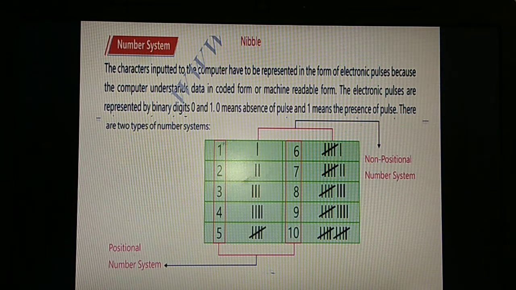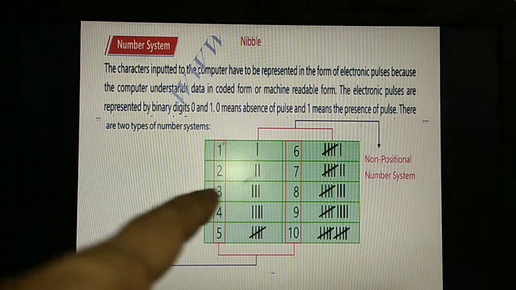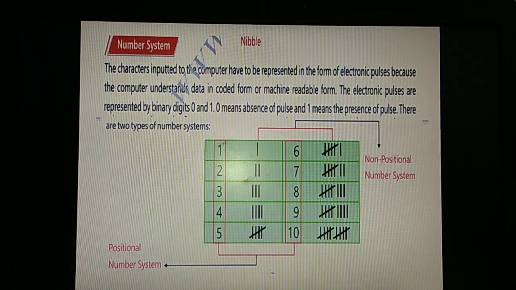There are 2 types of number system. Once again I will explain. Just look at the picture here and understand the concept. The characters inputted to a computer have to be represented in the form of electronic pulses, because the computer understands machine readable or coded data form.